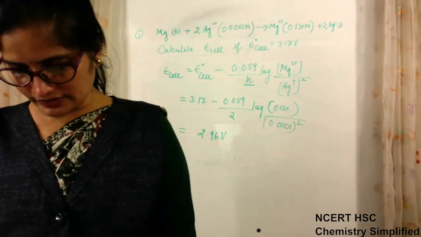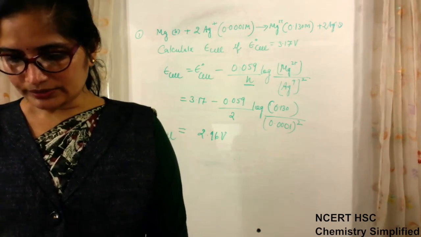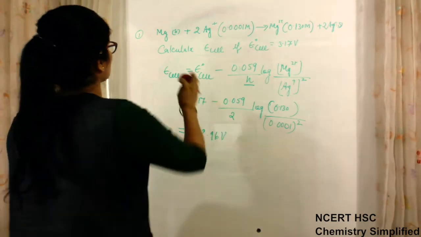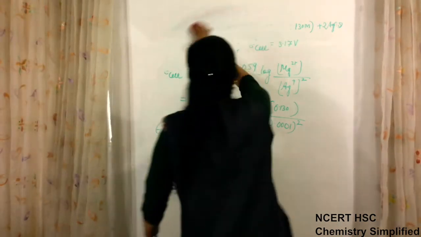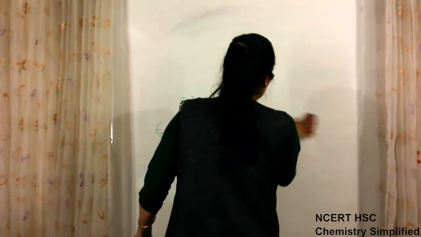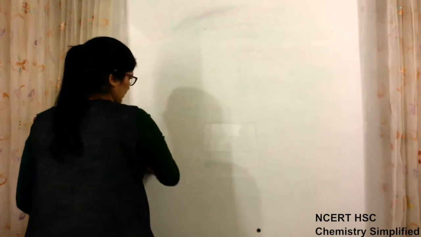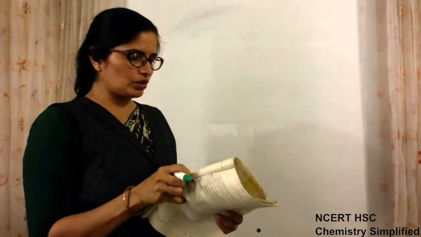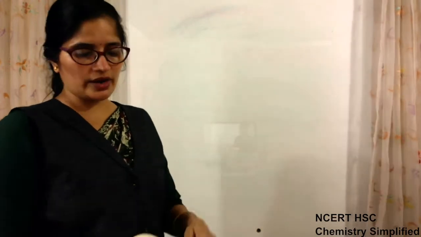Then one more question we'll see. Calculate the equilibrium constant of the reaction. These questions are simple, but you have to learn to put the values. Kc you have to calculate.